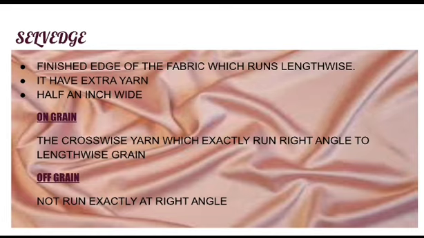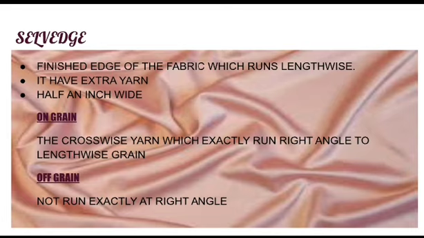Here again we can say one is on grain and another one is off grain. On grain means the crosswise yarn runs exactly at a right angle to the lengthwise grain. It means the warp and weft yarns fall in the right direction. The position of both yarns should be proper, and then we call it on grain.